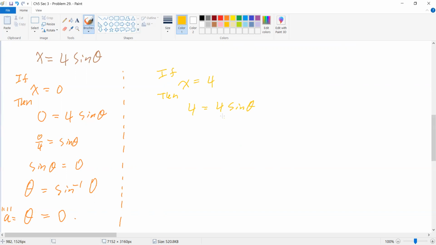And we divide both sides by 4. So we get 1 is equal to sine of theta. Oh, this is starting to look very nice, because then theta is equal to sine inverse of 1, which tells us that theta is now pi over 2. So this is great news. This tells us that this is our new b value.